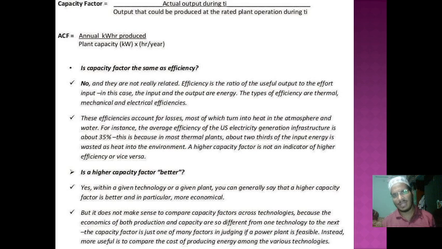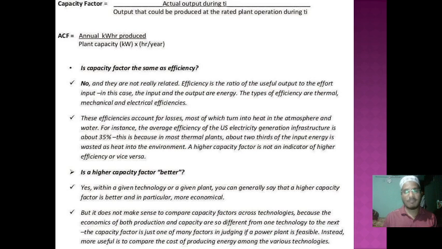Sometimes the demand will be less than what the power plant can produce. At that time we have to consider the capacity factor. We have a power plant and we produce more energy, but the customer requirement is less. But sometimes the customer requirement is more.